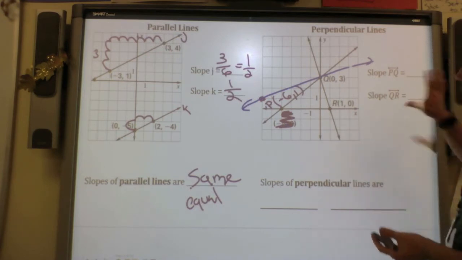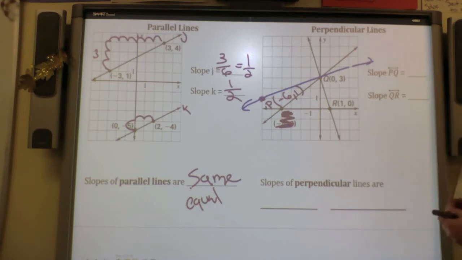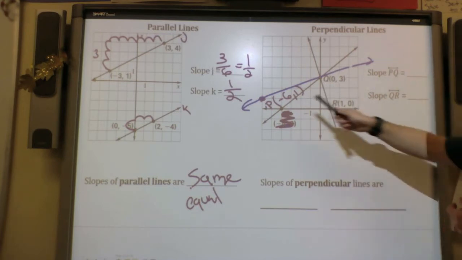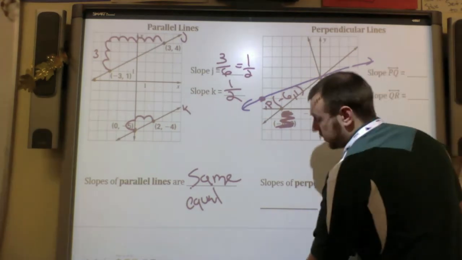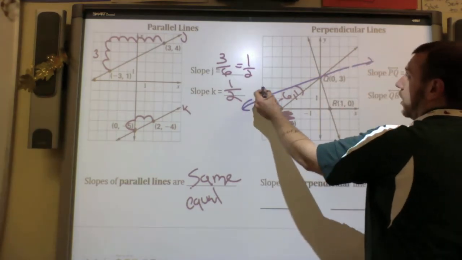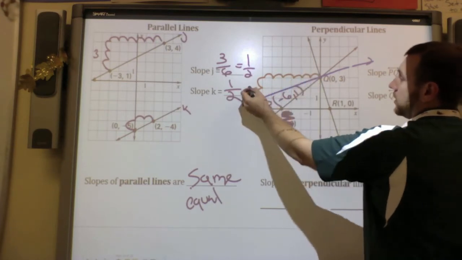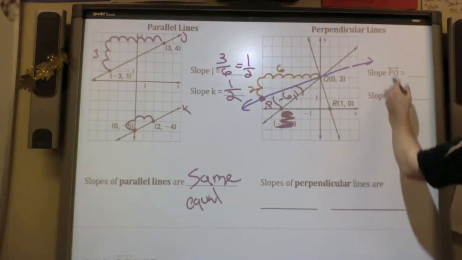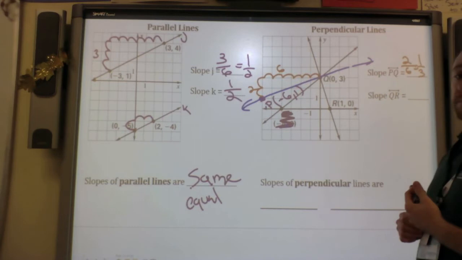So what I wanted to do was show you the slopes of both of these. So from our new P, our negative 6, 1, to Q, I'm just going to count, 1, 2, 1, 2, 3, 4, 5, 6. So up 2 over 6. So this is up 2 over 6, grand total of 1/3.